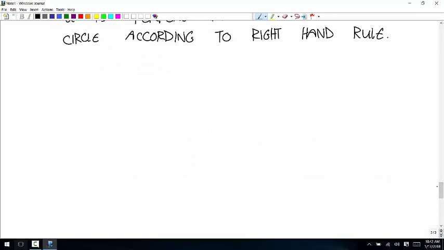So say that something's moving in a circular path like this, where the coordinate system is this.